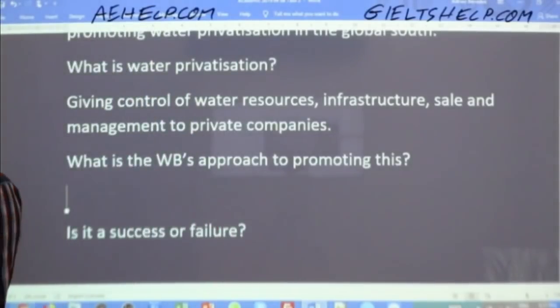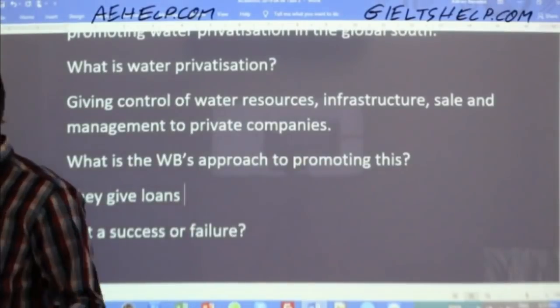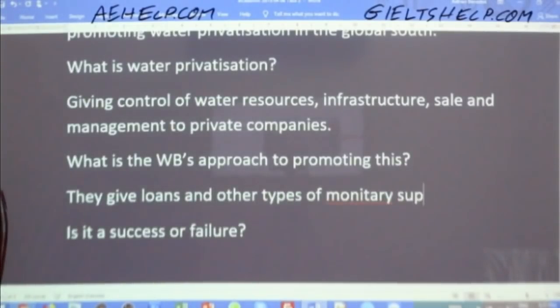Very good. So what is the World Bank's approach to promoting this? They give loans, right? That's when a bank gives money. So they give loans and other types of monetary support, maybe even grants. So loans and grants, right?